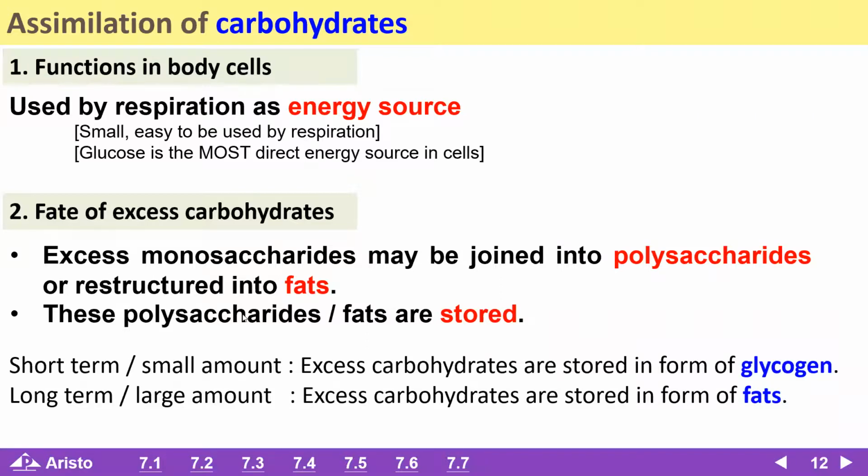Or restructured into fats. And then this glycogen or fat will be stored. Okay. And here tells you under what situation they will be more preferably stored as glycogen, under what situation your body would prefer to store them as fats. Okay. So how about protein? Or I should say amino acids.